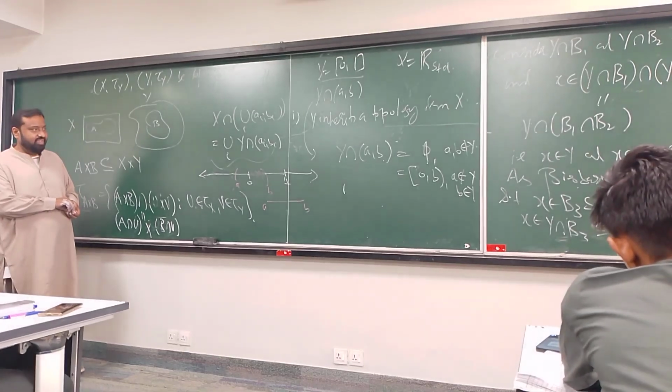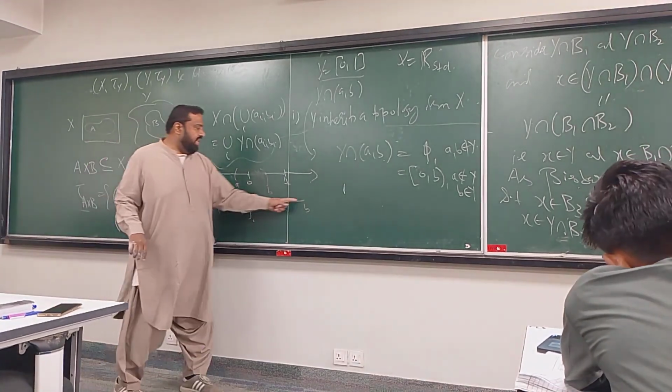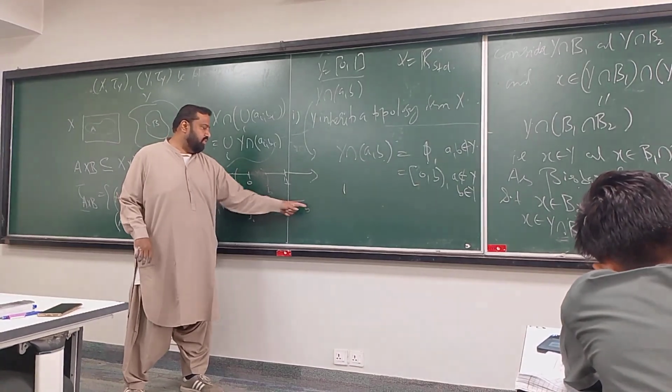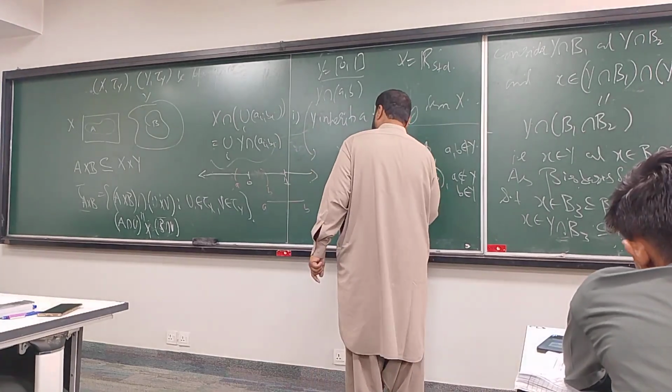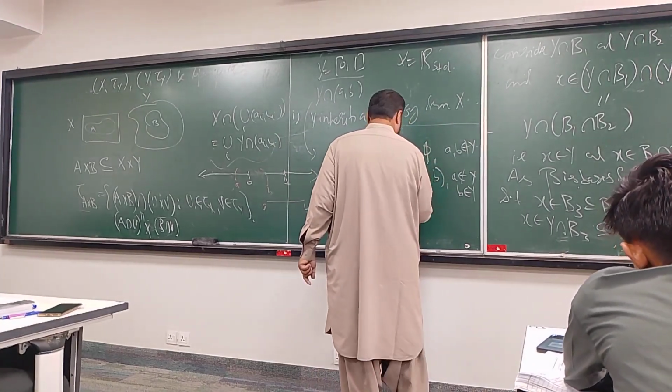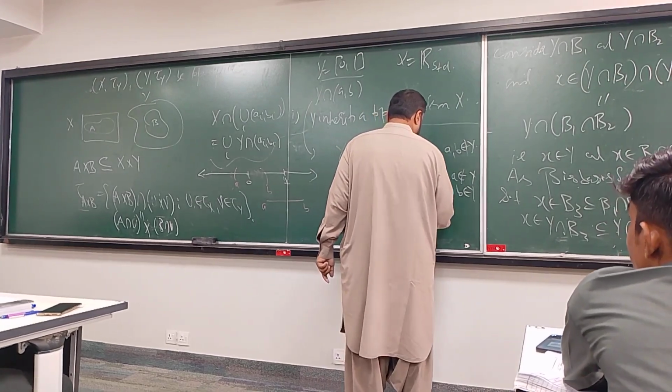How about if you have A to B? So B is outside, and then the same intersection is A to 1. Okay?